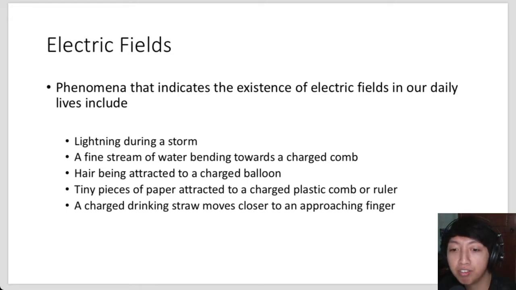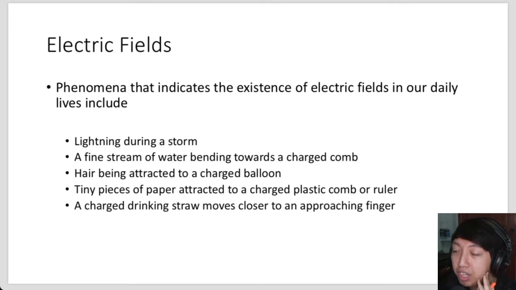So, what are the phenomena that indicate the existence of electric fields in our daily lives? Things like lightning during a storm, a fine stream of water bending towards a charged comb, hair being attracted to a charged balloon, tiny pieces of paper to a charged plastic comb, a charged drinking straw moving closer to an approaching finger.